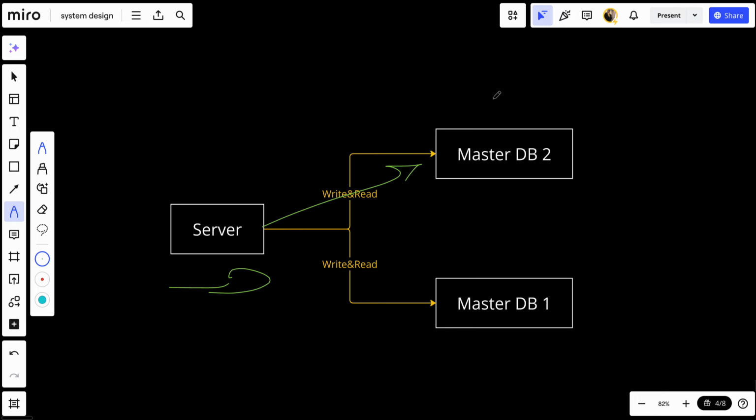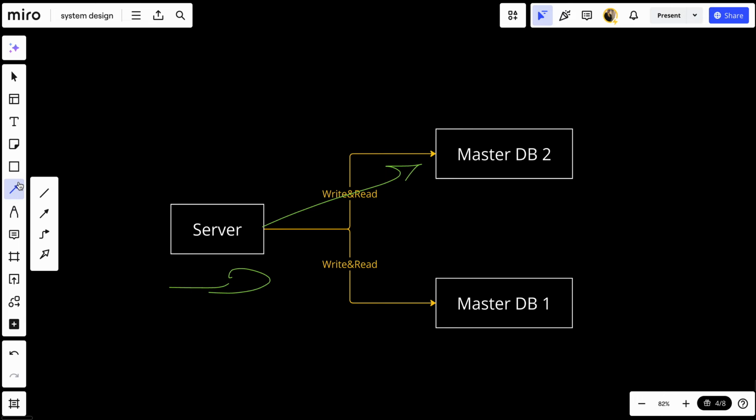Once master database 2 gets the request and processes it, the data is written to one master. Data written to one master is replicated to the other masters to keep the data consistent across all nodes. This replication can be synchronous or asynchronous depending on the system configuration.